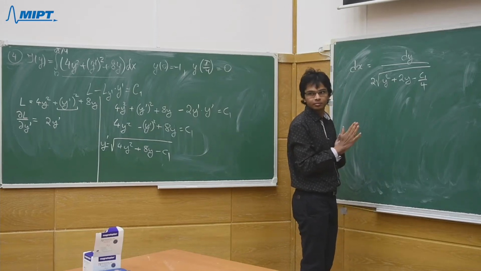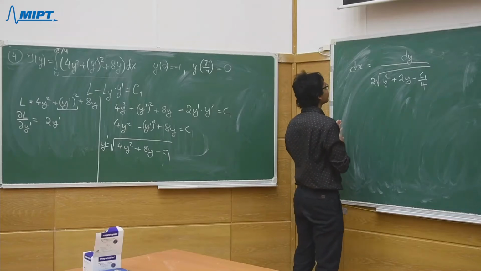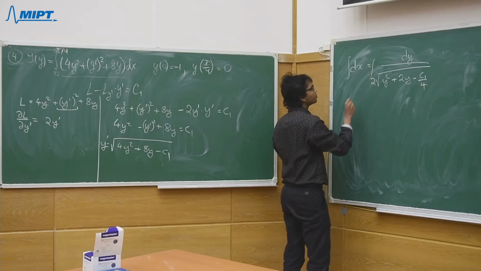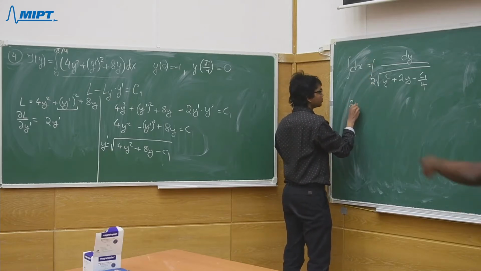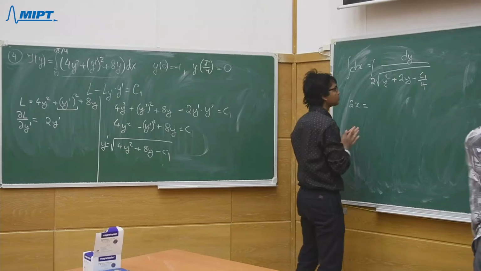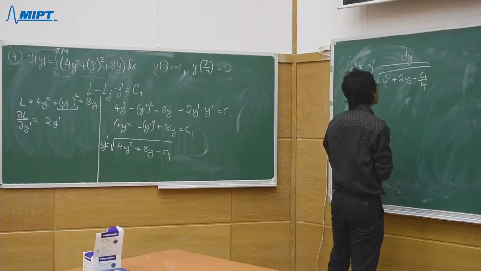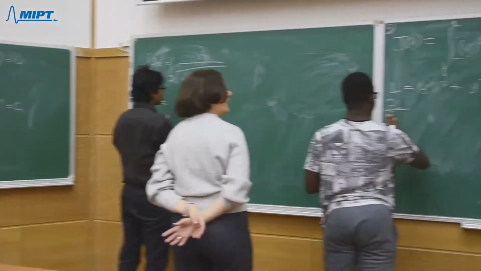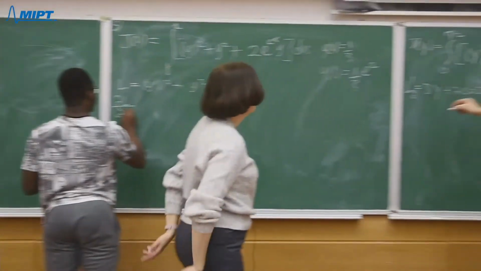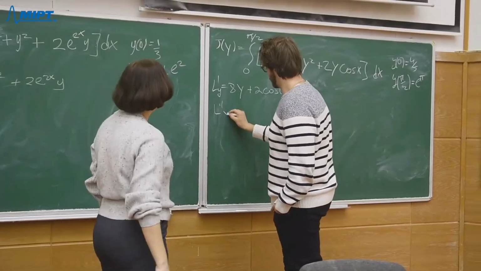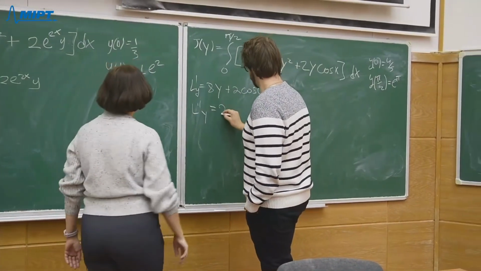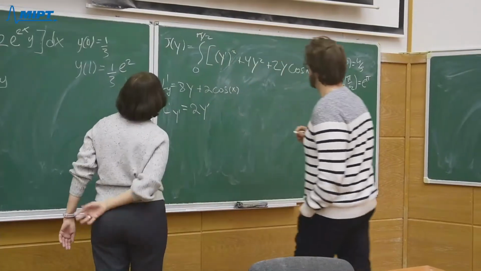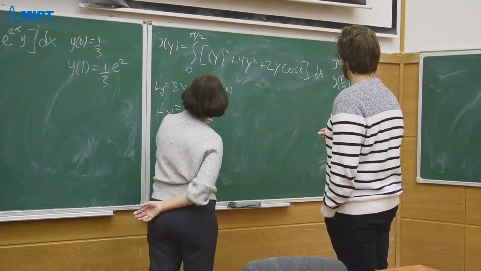So L with respect to y, suppose this is constant. 8y. Only if we don't have x, we need to follow that formula. But if we have x, you can't use this formula. And then we want to find the derivative with respect to y prime. This is going to be only 2 y prime here.